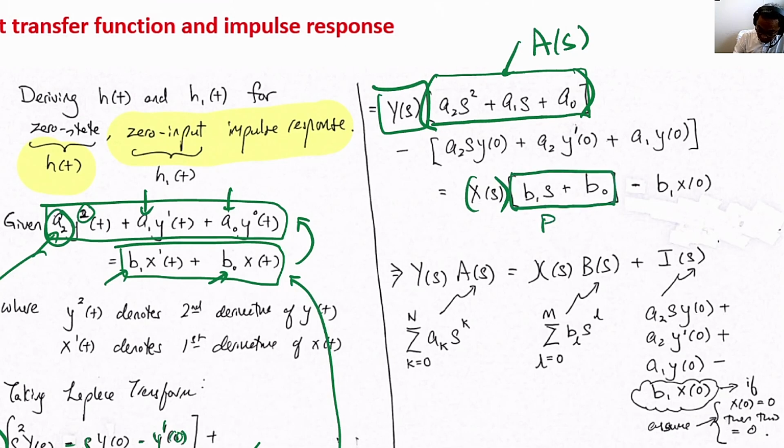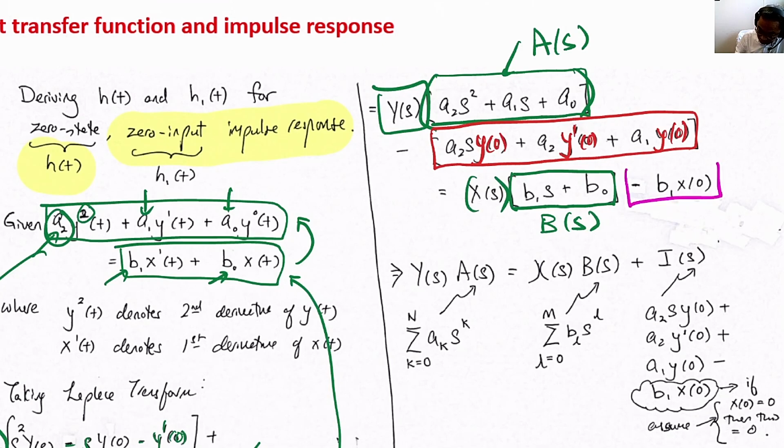Let's call it B of s. We have some extra terms. These extra terms are due to the initial conditions. This is the initial condition from y, and we have another initial condition, this is the initial condition from x.